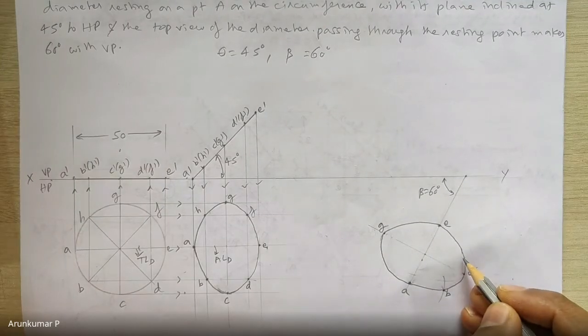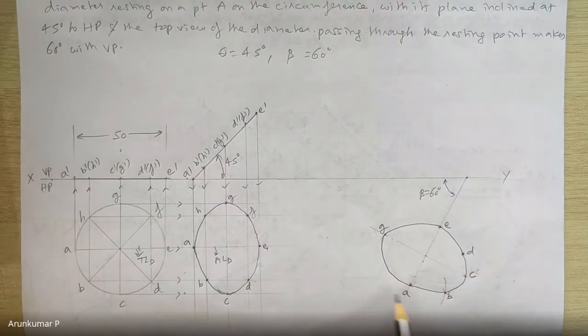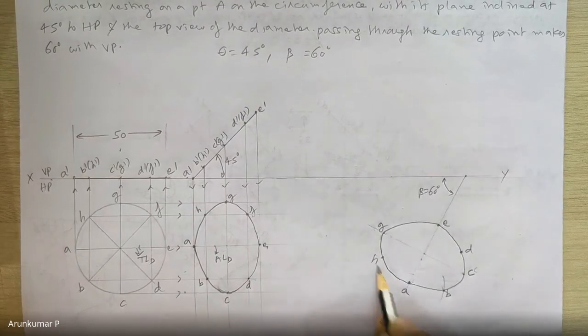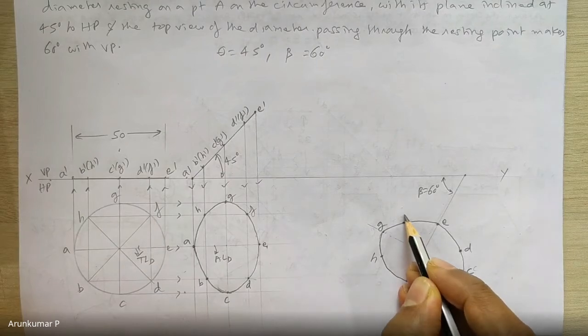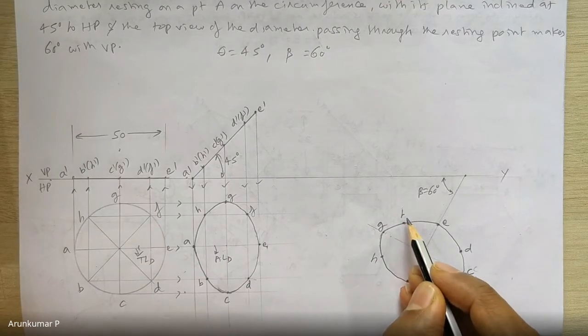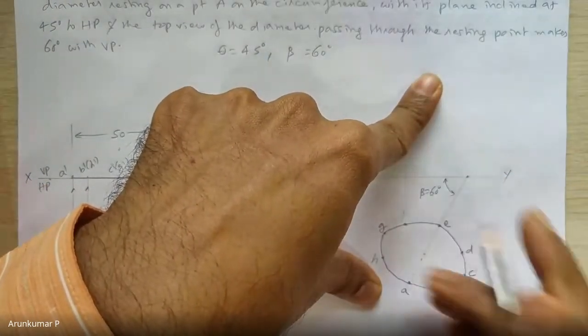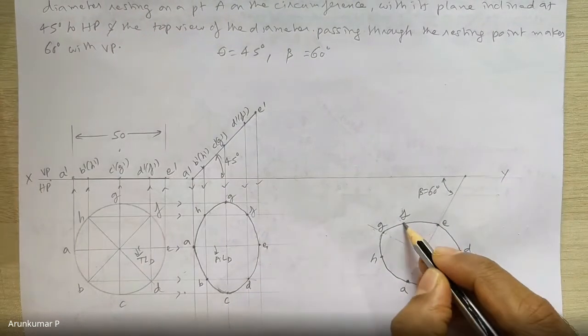So B, and this would be C, this would be D, and this would be H. This would be F. This is how roughly it would look like.